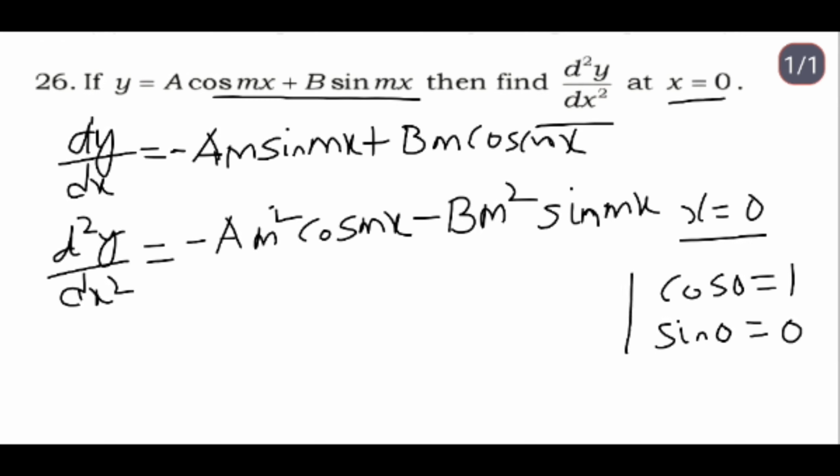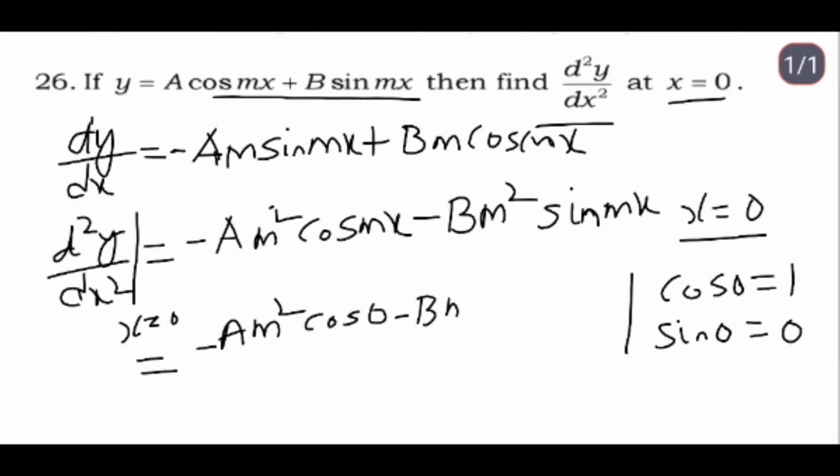So I will substitute x = 0 here: -a m² cos 0 - b m² sin 0, and m into 0 will be 0.